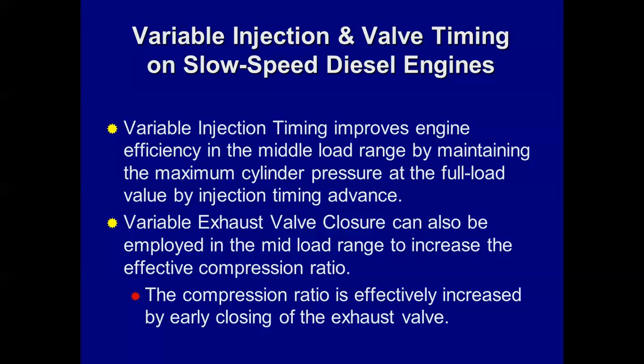Also, usually between about 40 and 80% power, they will progressively advance the timing to give you higher Pmax in the cylinder, which does improve fuel economy. But once you get past 80% load, it goes back to its normal settings.